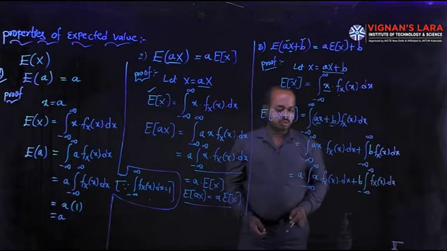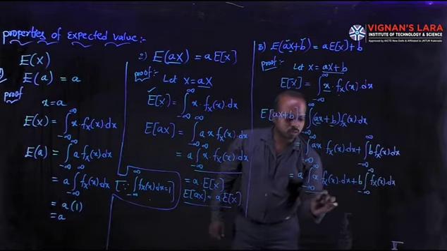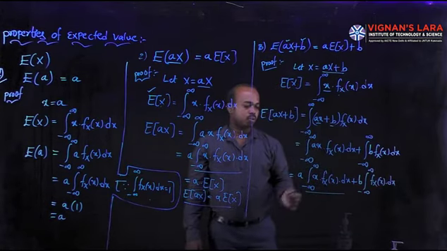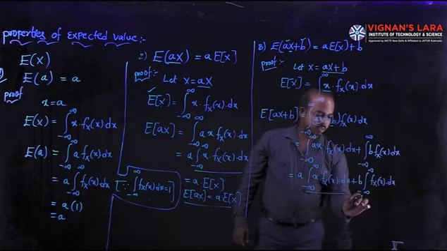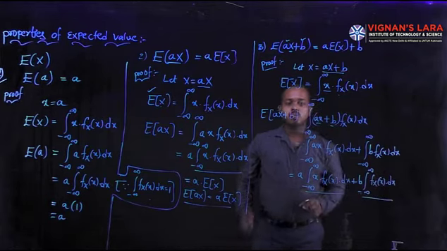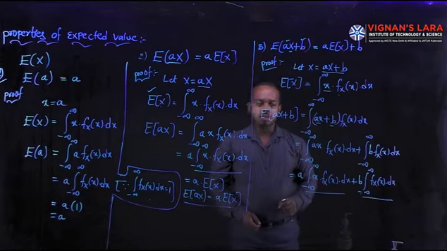Now you can observe the first term is representing the basic definition of expected value of random variable x. Coming to the second term, the integral minus infinity to plus infinity of fx of x into dx is representing the second property of a probability density function.